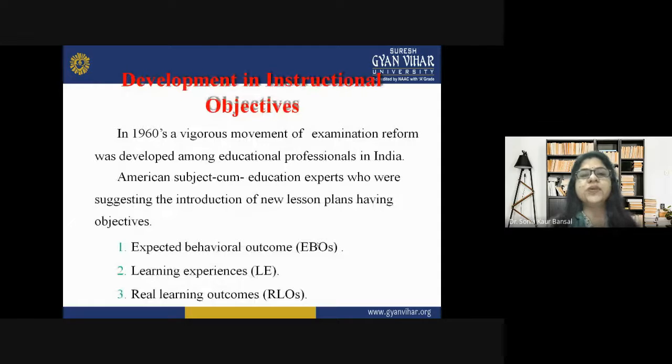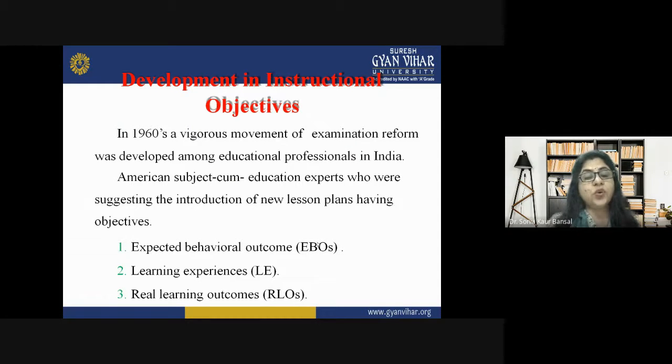Now let's discuss, students, the development of instructional objectives, how it happened. In the 1960s, first we are going to discuss that, and then we will understand the psychomotor domain of learning, because it's really very important to understand how the instructional objectives developed through different concepts. So in the 1960s, a vigorous movement of examination reform developed among educational professionals in India. American subject education experts were suggesting the introduction of new lesson plans having objectives.